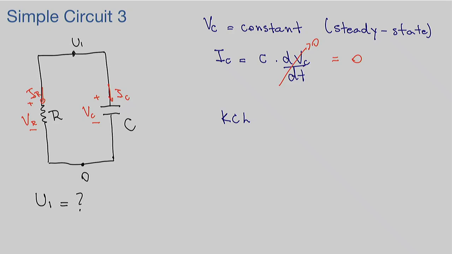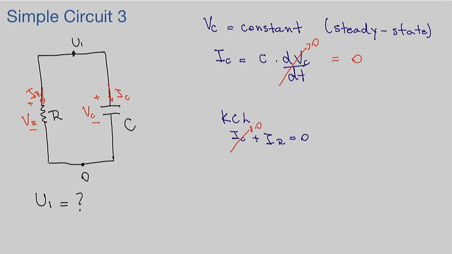So we write IR plus IC equals 0. But we already found by the element's definition for the capacitor that IC equals 0. So if IC equals 0, it means that the current going through the resistor is 0 in steady state.